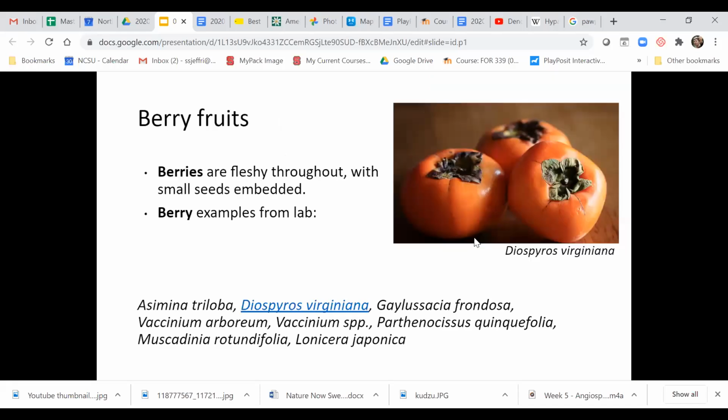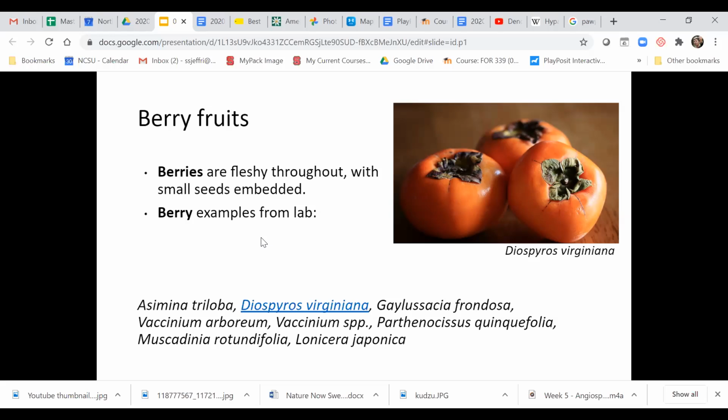A pawpaw is an example of a berry fruit. The berries are fleshy throughout, and they have small seeds embedded within them. A couple of berry examples from lab: we have Diospyros virginiana, in the Ebenaceae family, which is our native persimmon. We should be seeing those soon. I know places where they have the fruits, but I haven't found any on campus. We have our blueberry family that we've learned.